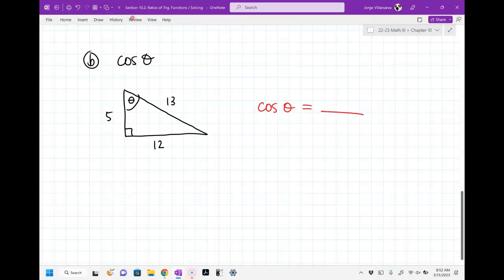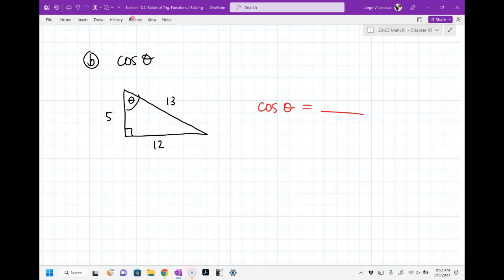According to the definition, cosine is adjacent over hypotenuse. Now 12 is my opposite side because 12 is not touching the angle. Since I'm looking for my adjacent side, it's either 5 or 13. Which one is the adjacent side?